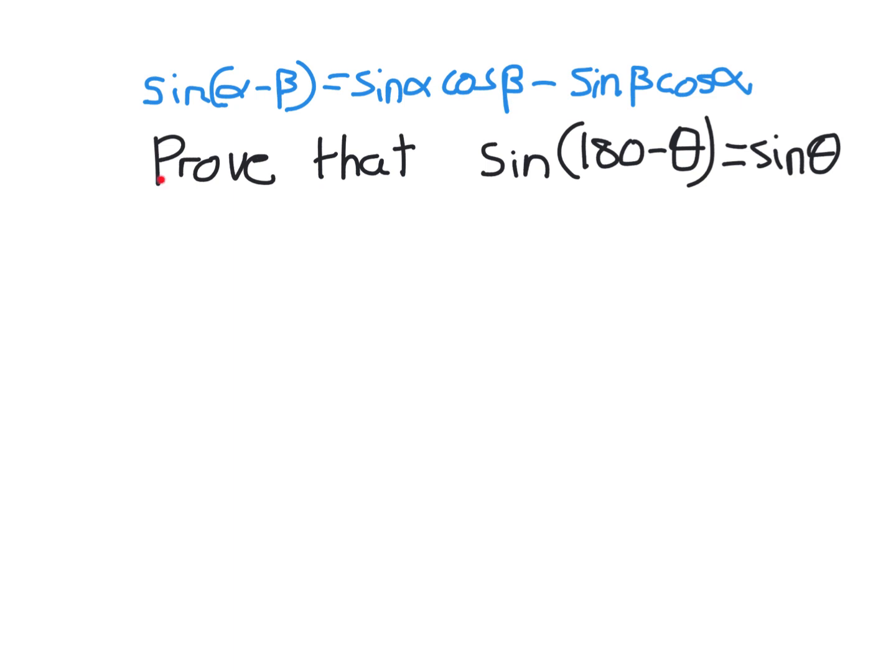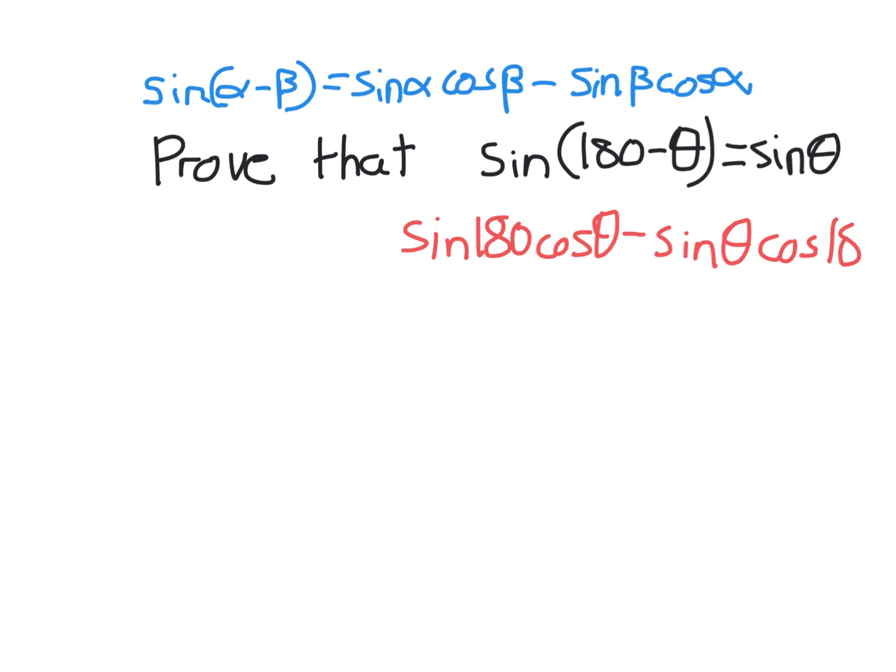Now, you might get freaked out by the word prove, but this is remarkably easy given this formula. So what I'm going to do is expand this using this formula up there. So sine of 180 minus theta is sine of the first times cos of the second, minus sine of the second times cos of the first.